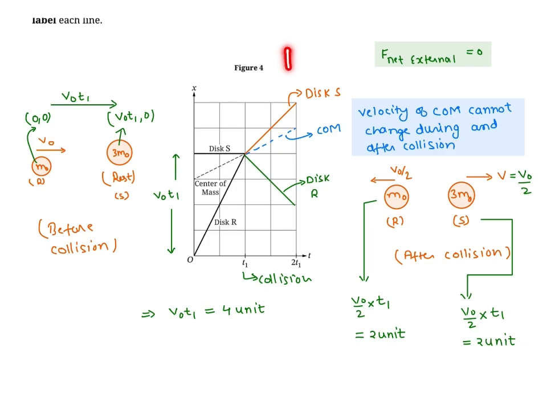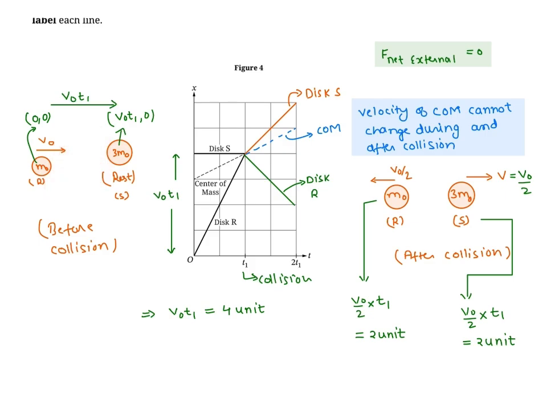Of course, the normal reaction will be equal to mg, so external force is acting, but the net external force is 0. Whatever force is exerted by m naught on 3m naught can be considered as internal force. At the same time, this 3m naught will be exerting force on this m naught. So they are internal forces.